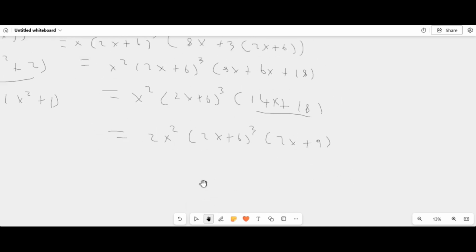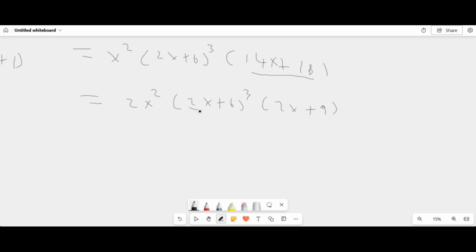And now, finally, I can also take 2 out of here. You see how this is 2x and 6? 2 and 6 can both be divided by 2, so I need to take 2 out of there. But because this power of 3 is applying to this whole bracket here, when I take 2 outside, I need to do 2 to the power 3. So 2x squared, basically. I'm going to use the dot instead of times to not get confused. 2 to the power 3 there.